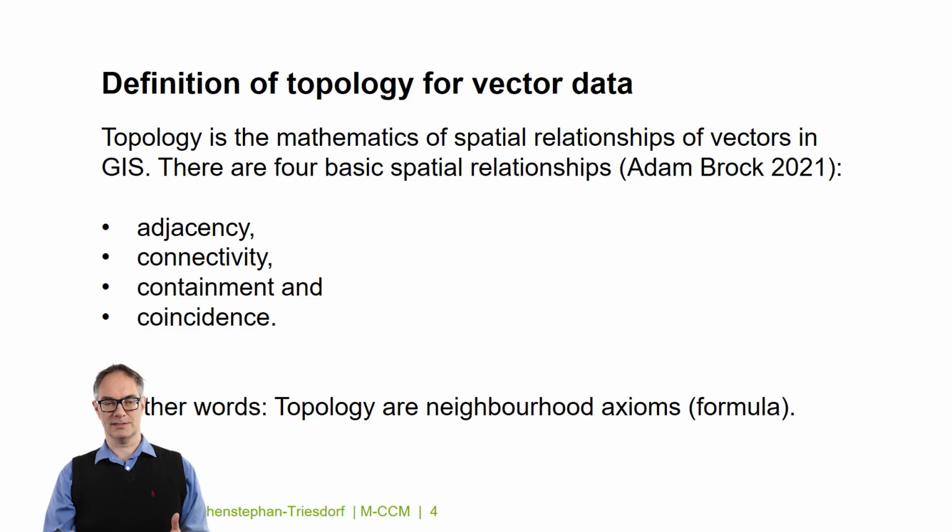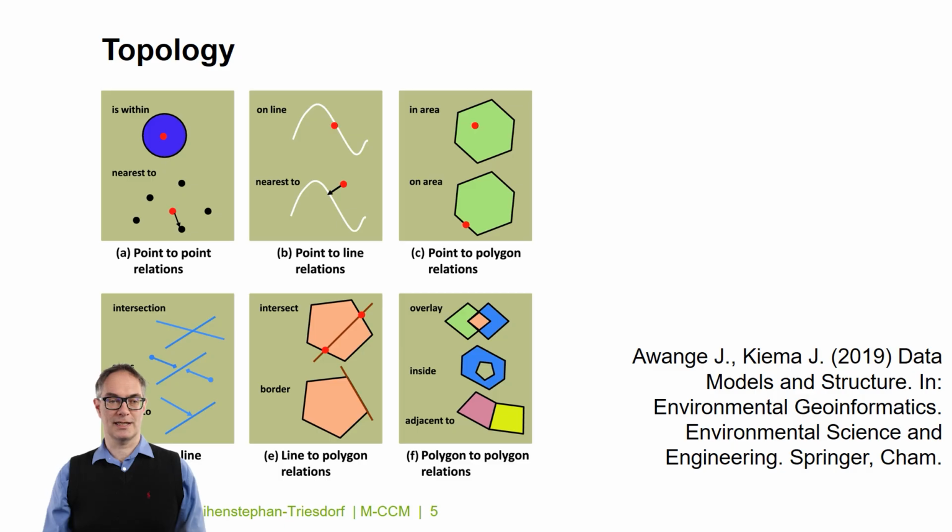In other words, these describe their neighborhood relation. So topology is a way to describe neighborhood relationships: proximity, adjacency, overlap, or containment. Let's have a look at some examples.